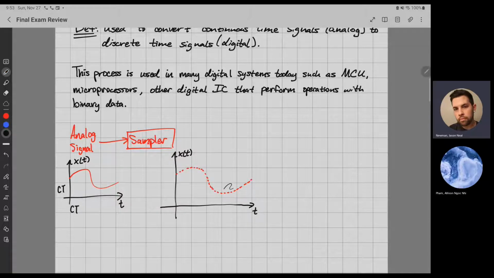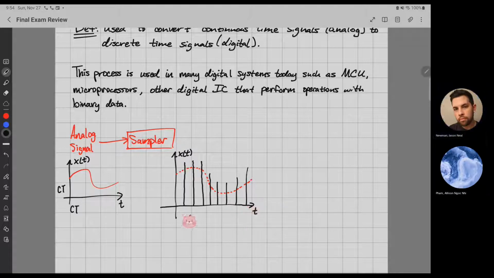The first thing to do is we want to sample this analog signal. What a sampler does is it takes little samples all along this analog signal. Let me draw these real quick and I'll explain. Okay, so this is Ts, and this is the origin, 0.